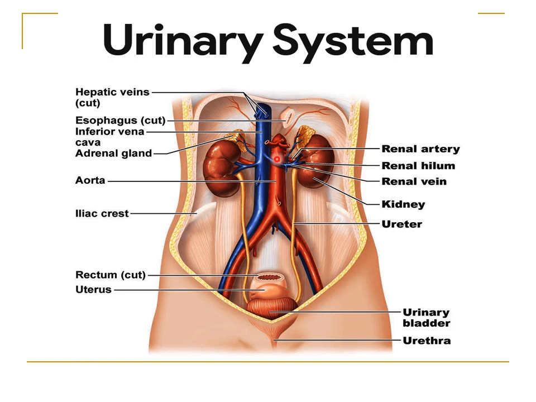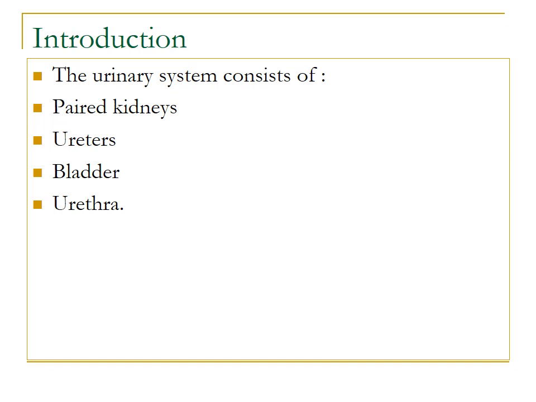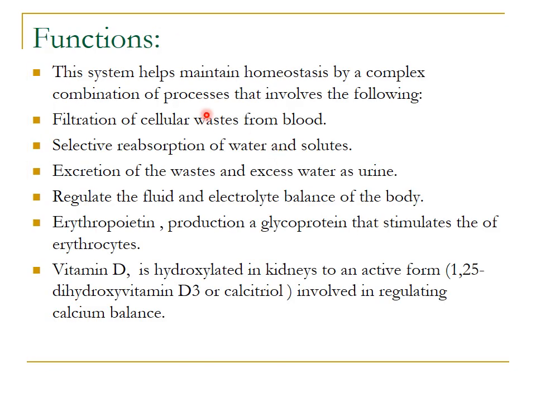The urinary system, as you know, consists of paired kidneys, paired ureters, a urinary bladder, and the urethra. The urinary system is a complex system. It is a complex combination of processes that involves the filtration of cellular waste from the blood, selective reabsorption of water and solutes, the excretion of waste and excess water as urine, and regulation of the fluid and electrolyte balance of the body.